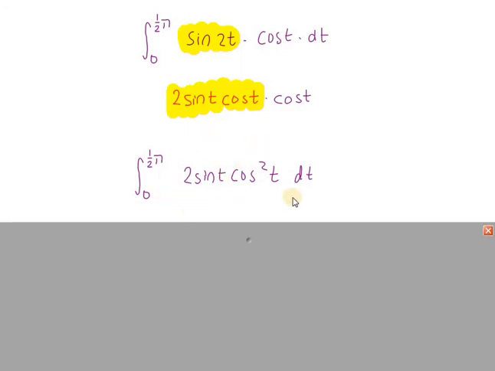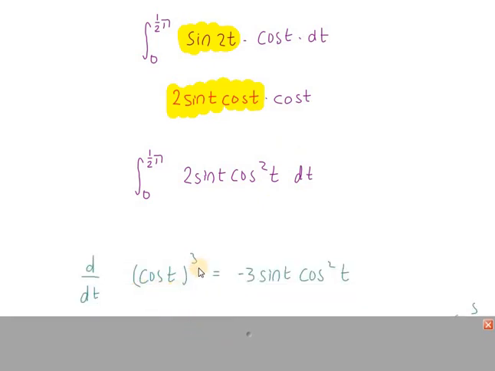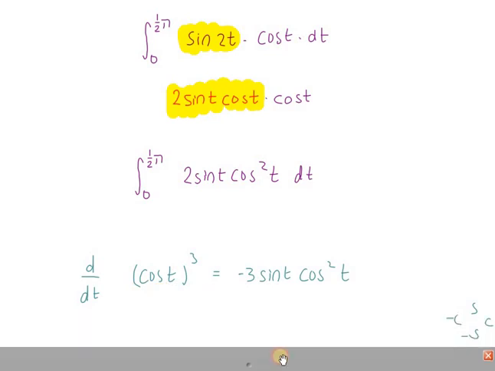And now there's no standard formula for integrating this, so I'm going to use integration by recognition. What can I differentiate to get this result? Let's start with cos cubed t. If we differentiate this term, the power comes to the front and we reduce the power by 1, then differentiate what's inside the brackets. Differentiating cos gives minus sine, and this looks similar to this.